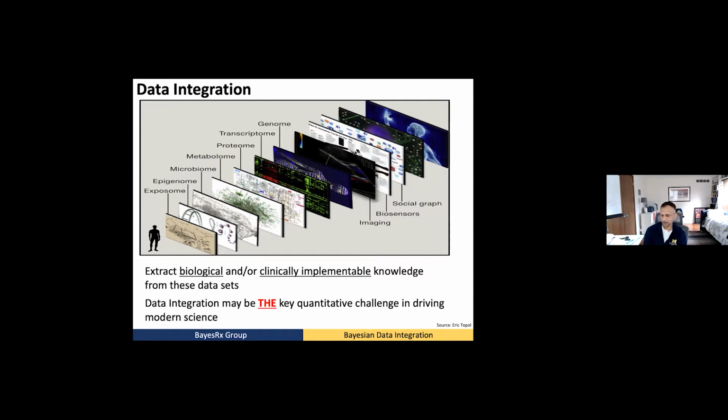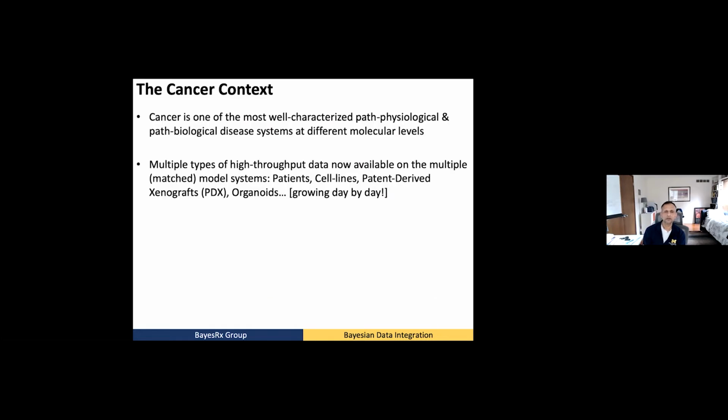I usually say this in some of my talks that I've given for the last few years: it might not be an understatement to say that data integration may be the key quantitative challenge that could drive modern science. The availability of this data in various scales, formats, and sizes makes it really interesting as well as challenging.